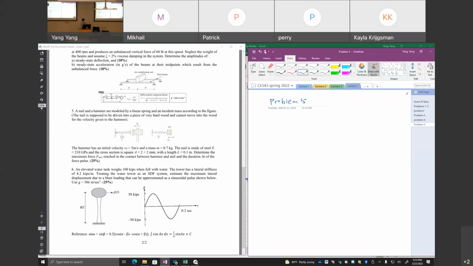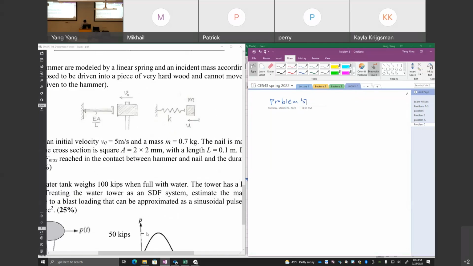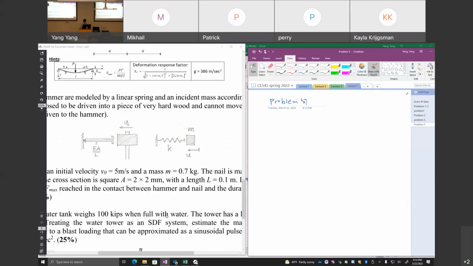Before we solve this problem, if you look at the model, the problem has already shown you the model.